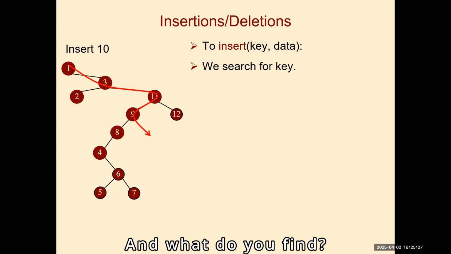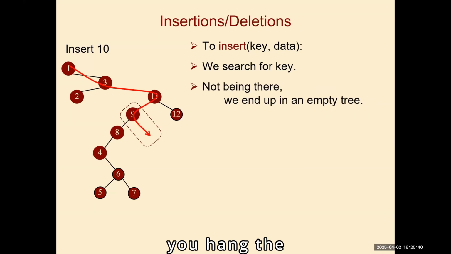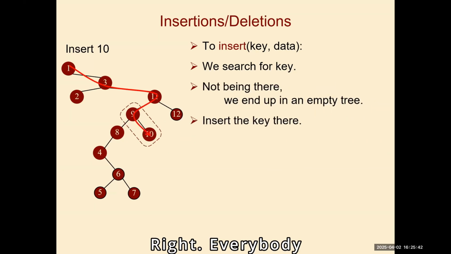And what do you find? You find an empty pointer. 9 has a right empty pointer. So you don't go down there. You hang the 10 off of it. Everybody buy that? You can always do that. You go until it's not there and you put it there. It becomes a leaf.